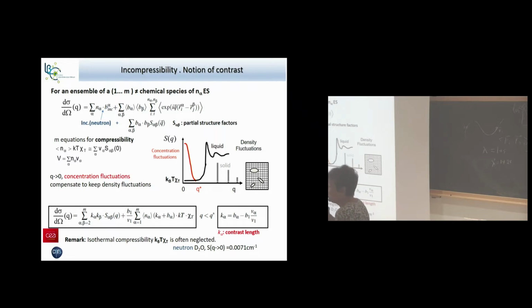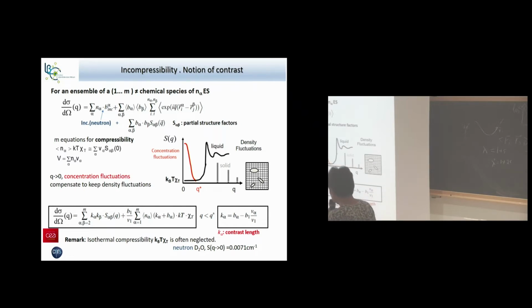We can get rid of one using the notion of compressibility, which relates the volume compressibility and the fluctuation. The whole volume remains constant. So this helps to simplify the equation.